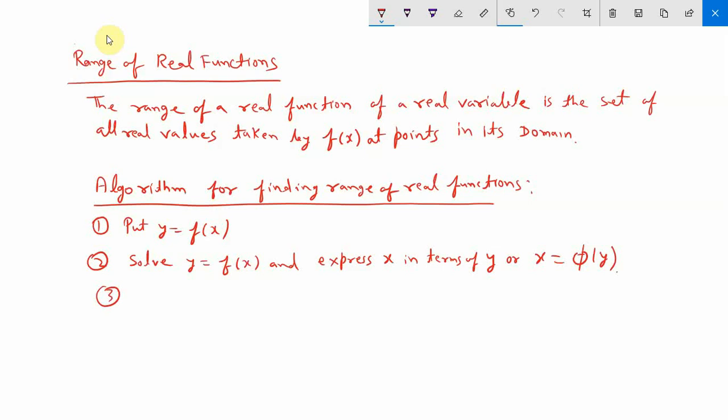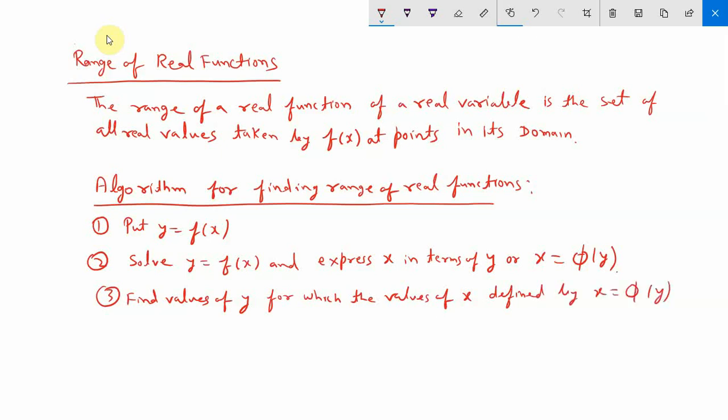Third, find the values of y for which the values of x defined by x = φ(y) are real and in the domain of f.